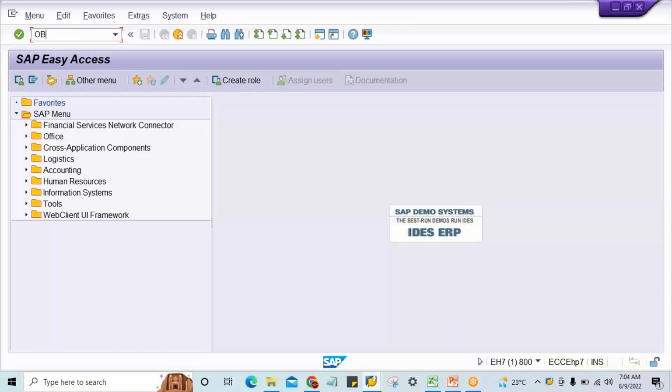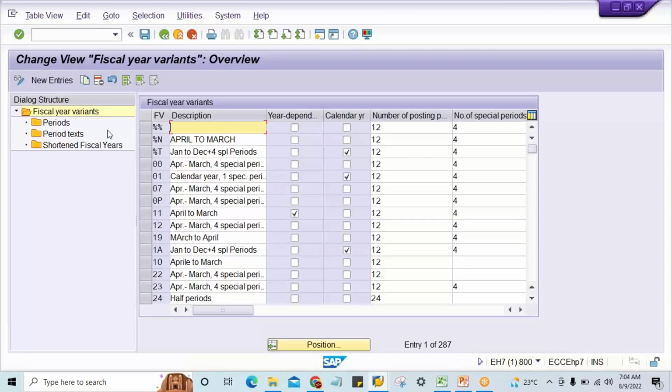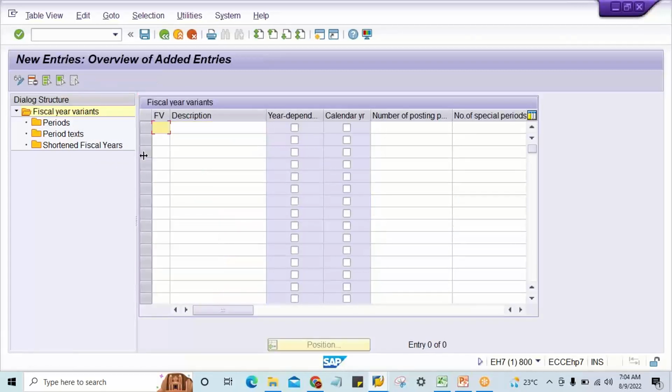Now here, I think OB29 is the transaction code for this fiscal year variant. It is taking a little bit of time, guys. Now, if we have to define a fiscal year variant, you can click on New Entries and give a 2-digit code. Let's suppose I'm going to give TT or TX.